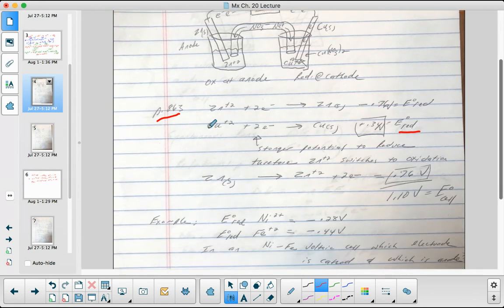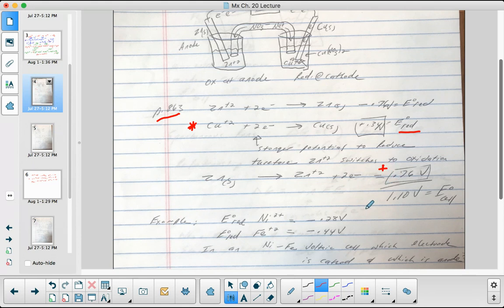And so this equation is going to remain as is. The zinc, however, is going to go in the opposite direction. So I take the zinc equation and I flip it around, and when I do that, I change the sign of the voltage value for the zinc.